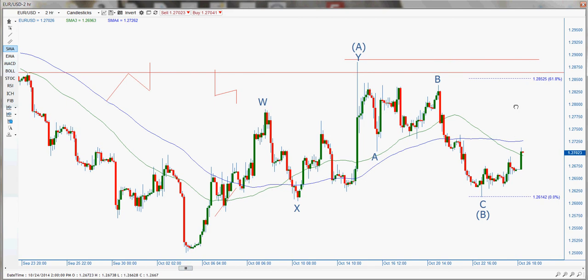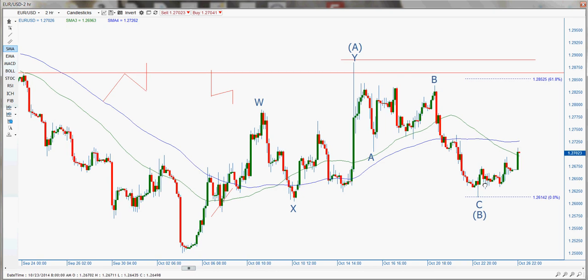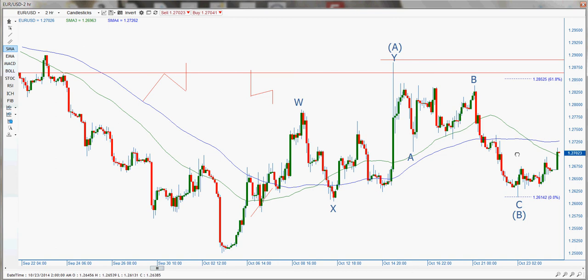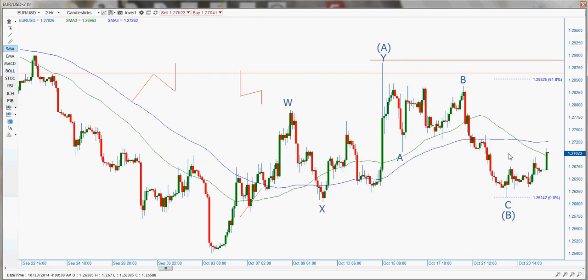At that point, you want to short, but this correction is big enough that it makes sense to counter trend trade this. Okay? Always knowing that you're counter trend trading, and you should have a stop, ideally at the previous swing low.